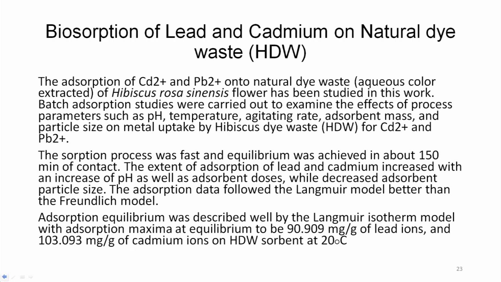The sorption process was fast and equilibrium was achieved in about 150 minutes of contact. The extent of adsorption of lead and cadmium increased with an increase of pH as well as adsorbent dose, while decreasing with increased adsorbent particle size. The adsorption data followed the Langmuir model better than the Freundlich model.